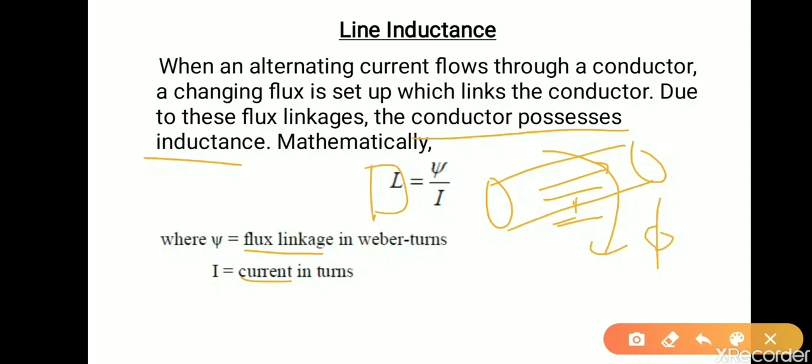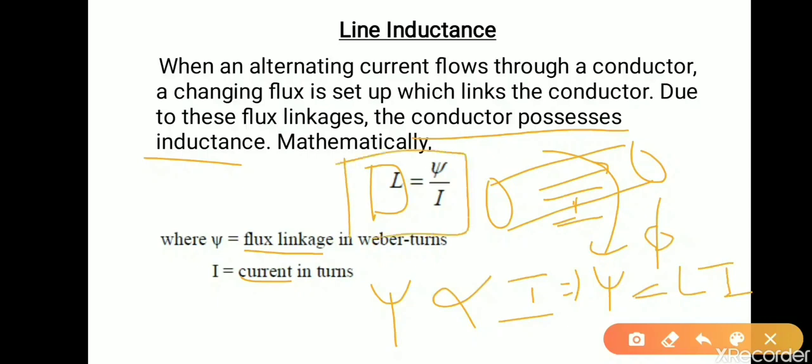So from this diagram we can say that the flux linkage is proportional to the current I. That implies flux linkage is equal to LI. So we have mathematically proved this equation, which is already written here.